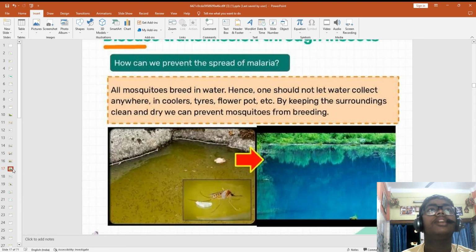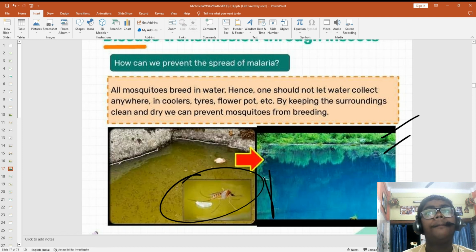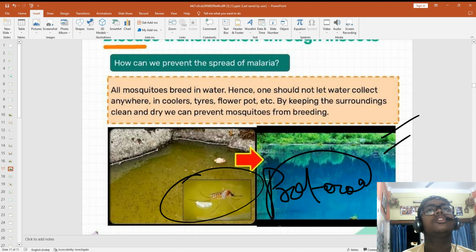Known as the vector. Okay, like the mosquito is transferring malaria. So who is the vector here? Mosquito. But who is spreading the disease? Protozoa. So protozoa is carried by the mosquito. That's why the mosquito is known as the vector.